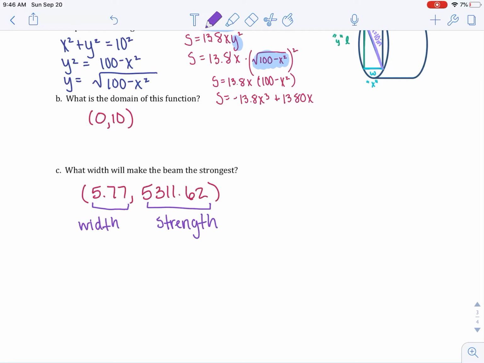So in this example, I actually asked for the width, right? I didn't ask for the length, I asked for the width. So the width is approximately 5.77 units, guys. Word problems, units. Put a box around your final answer.